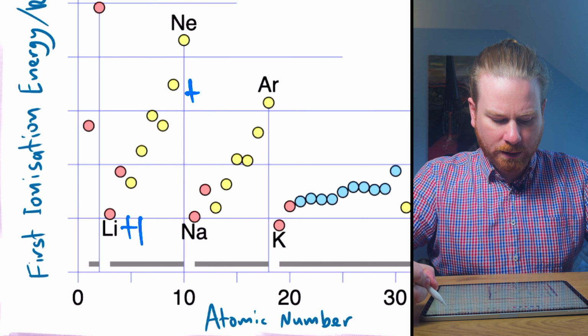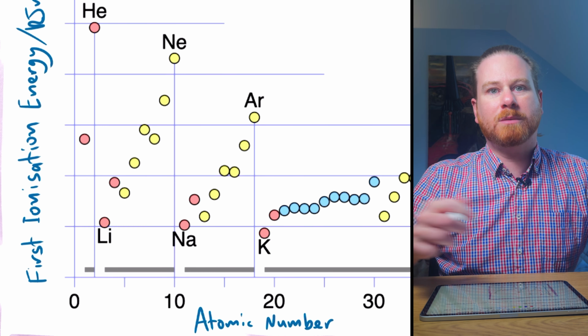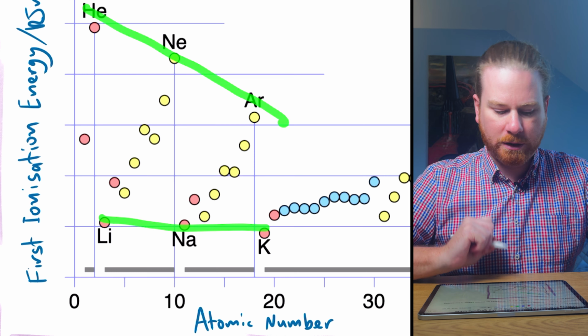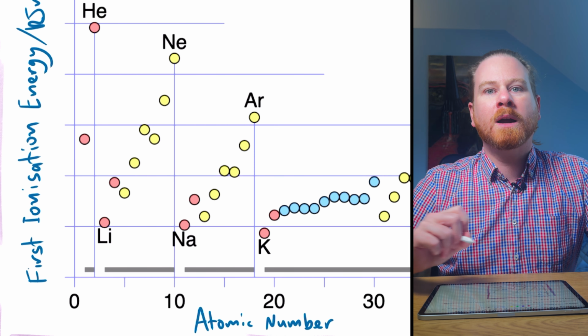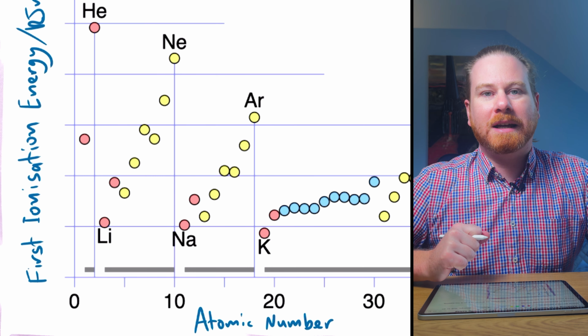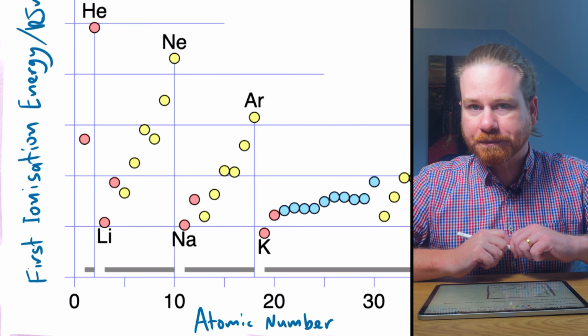Then as we go down a group, lithium, sodium and potassium are in the same group, group 1, and also going down group 18 as well. Going down the group, the ionization energy is decreasing, and this is because the atomic radius is increasing.